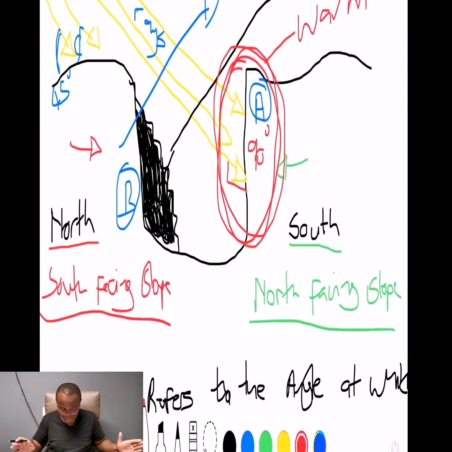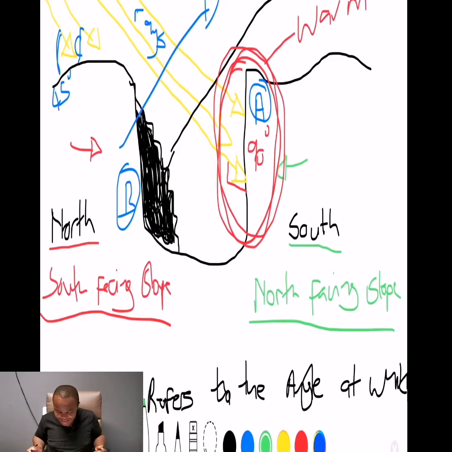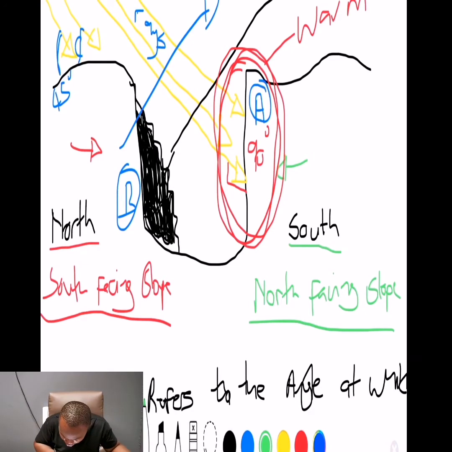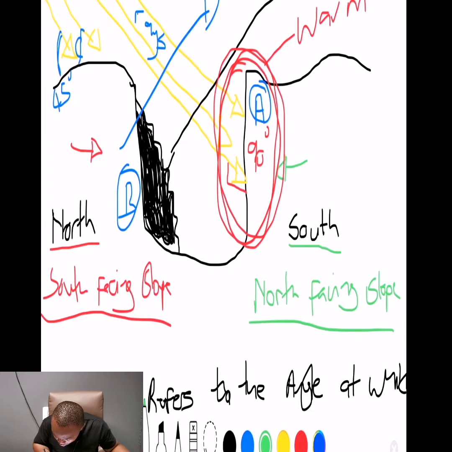As I was saying, in the southern hemisphere, the north-facing slope receives direct insolation, meaning that this slope represents the southern hemisphere, and this area is warm. So this diagram represents the weather in the southern hemisphere.